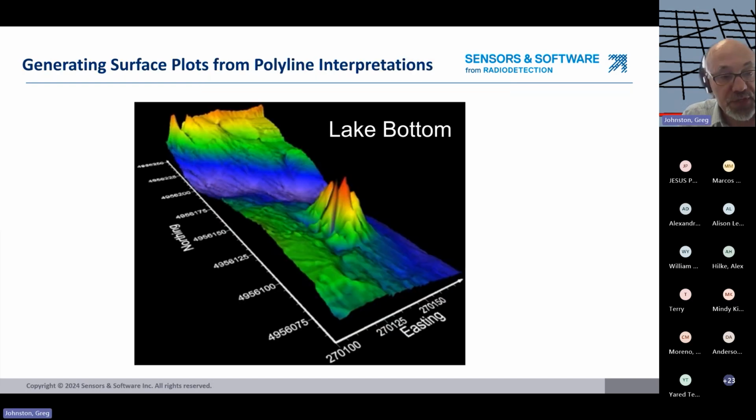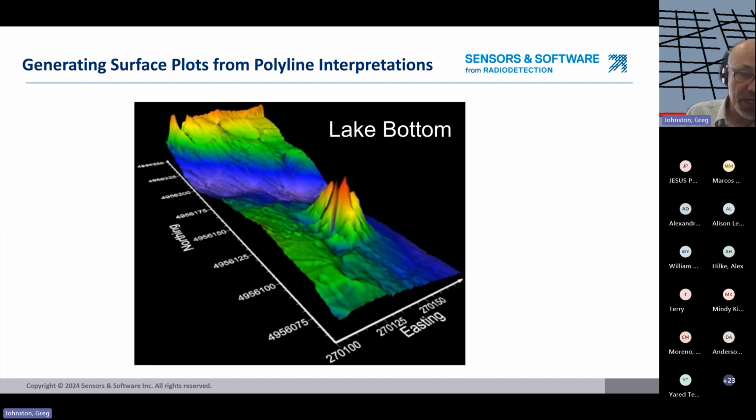Now, speaking of surfaces, if you take all the points from interpretations on a surface in the data, like this example, which is bathymetry. Somebody went around a lake with a GPR and a GPS, extracted all the points from the reflection from the bottom of the lake, and now they're plotting that surface in the Surfer software program.